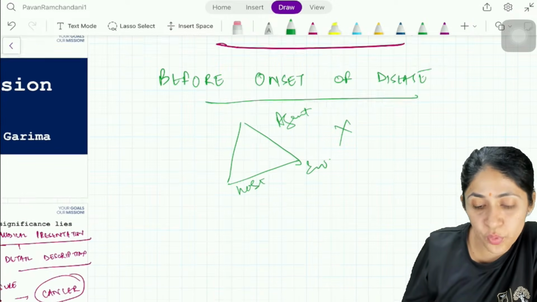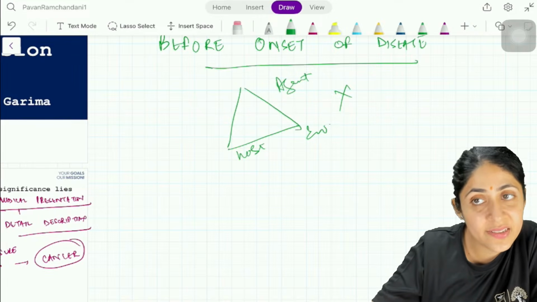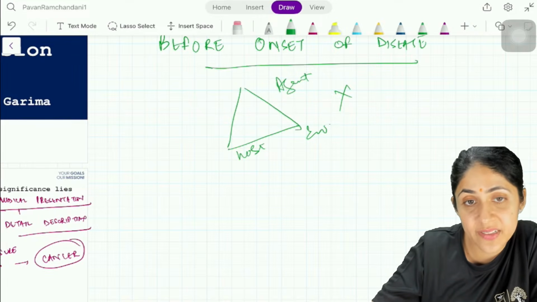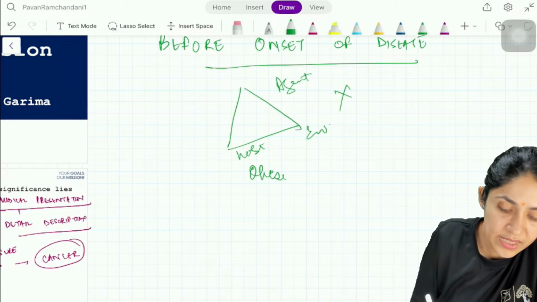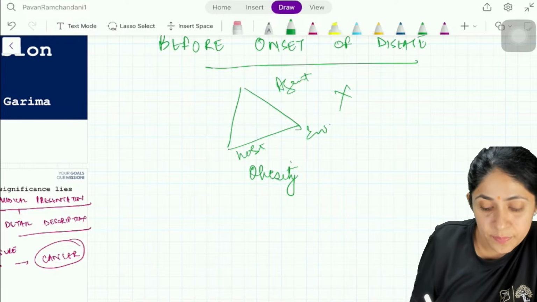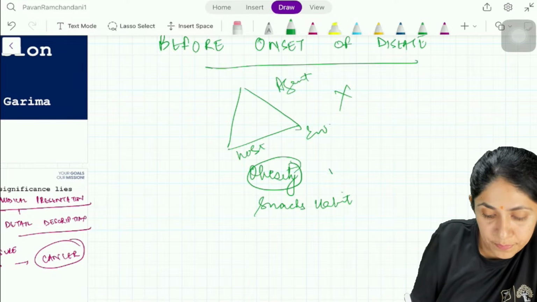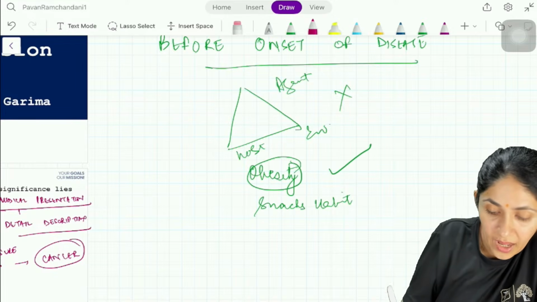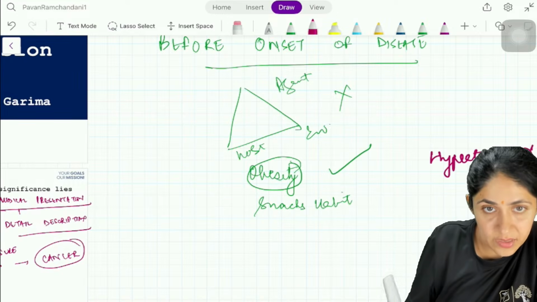So how do we attain that? By health education. For example, in this case, risk factor is present. When the risk factor is absent, that is primordial. So in this case, the person is obese and also has the habit of snacking. But obesity is present and hypertension in this case is absent.